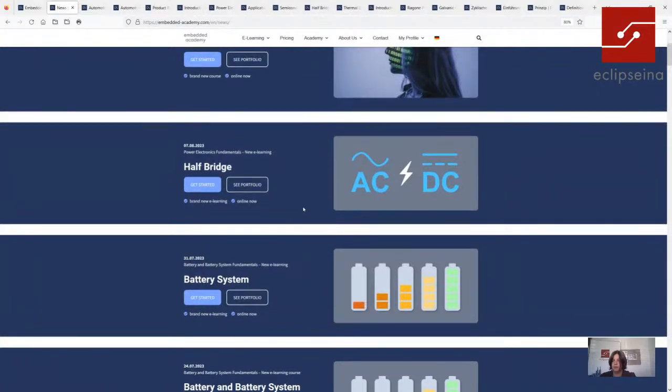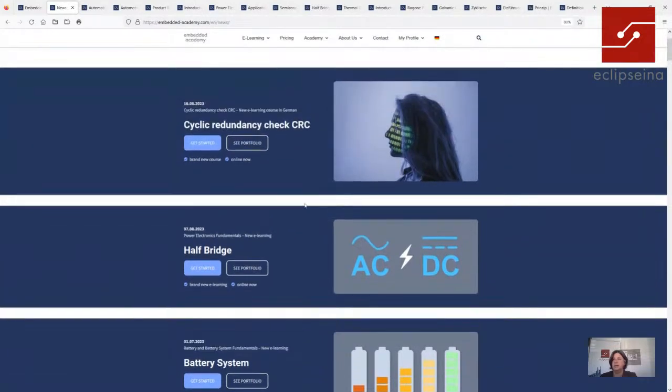For the power electronics course, at the beginning of August, we added the half bridge applied for controlling an AC machine with all the switching process.